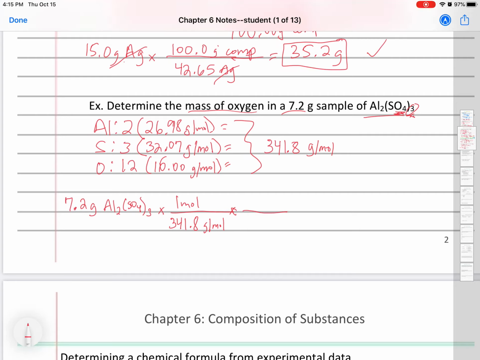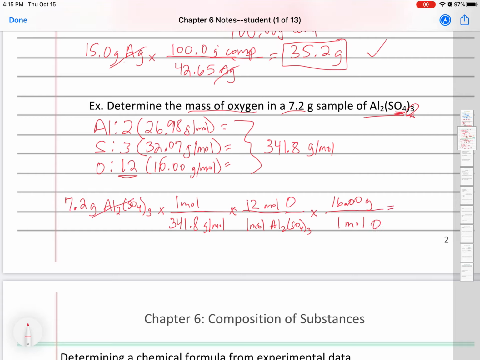And in 1 mole of aluminum sulfate, we have 12 moles of oxygen, right? Total of 12 oxygens. And the mass of 1 mole of oxygen is 16.00 grams.